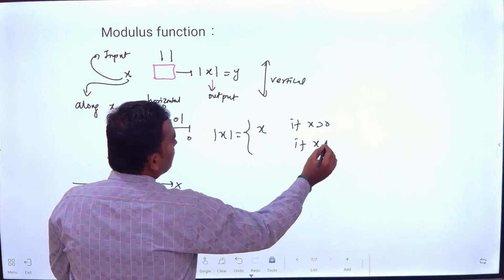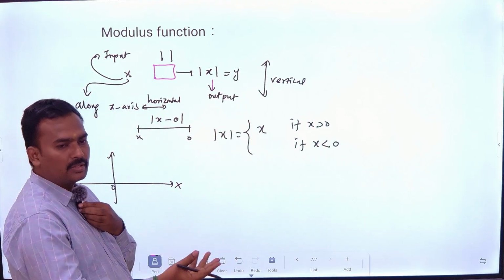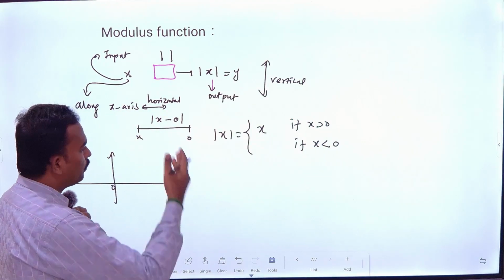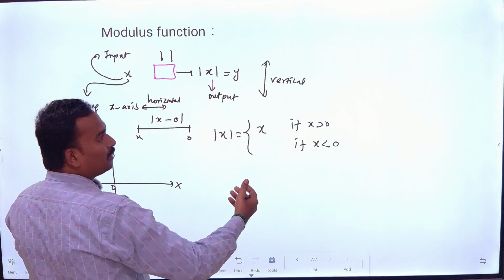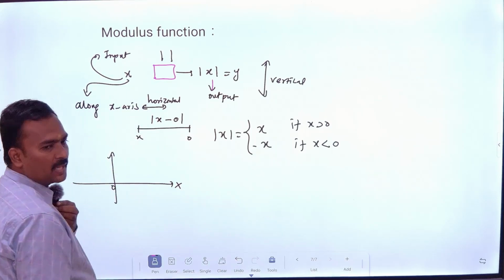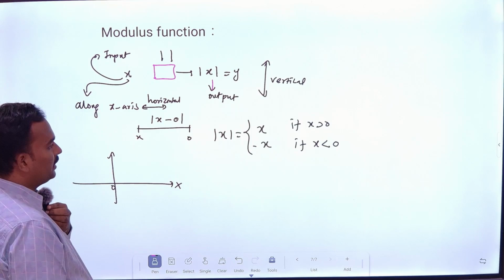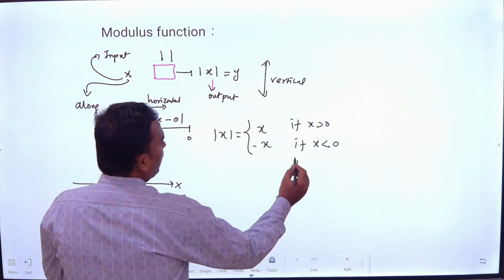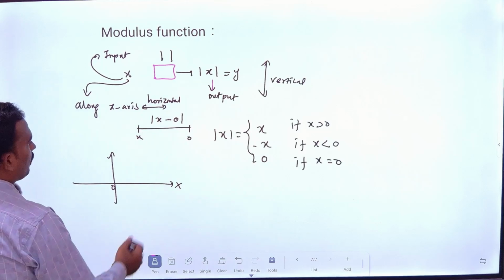Suppose x is less than 0, a negative number, for example minus 1, minus 2, minus 3. Mod of minus 1 will be minus of minus 1, so it will be minus x, because the modulus job is converting negative into positive. If x equals 0, then it will be 0. Then how to draw the graph?